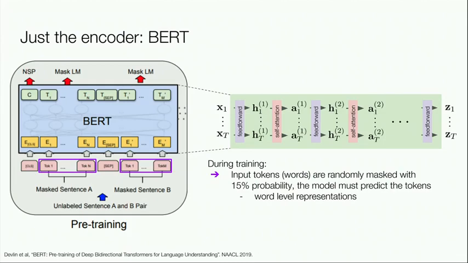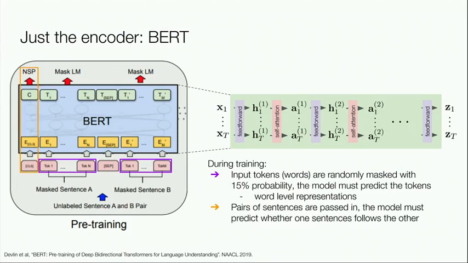So that's quite cool. It's great to be able to get word level representations, but sometimes that's not all we want. Sometimes we want an aggregate representation of the entire sequence, maybe to do something like sentiment classification, which only requires a single representation for the entire sequence. So one thing the original BERT also does is pass in pairs of sentences.